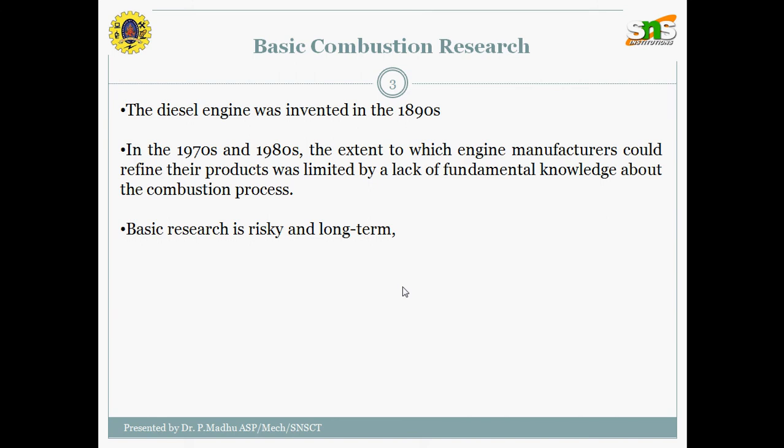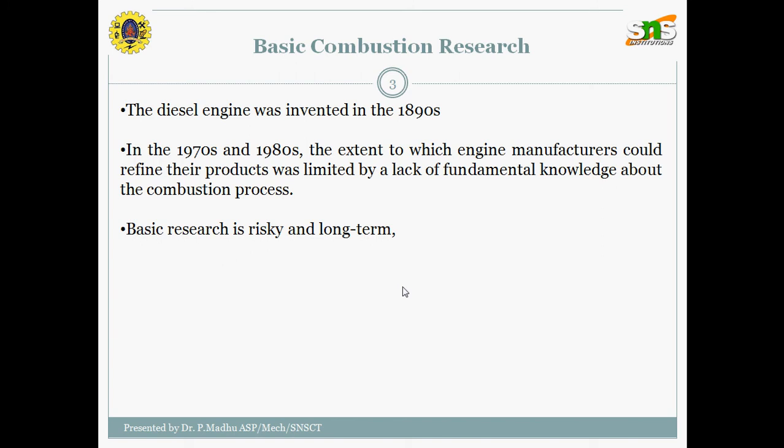Before studying heat engines, we have to study the basics. The diesel engine was invented in the 1890s, and between the 1970s and 1980s, the extent to which engine manufacturers could refine their products was limited by the lack of fundamental knowledge about the combustion process.